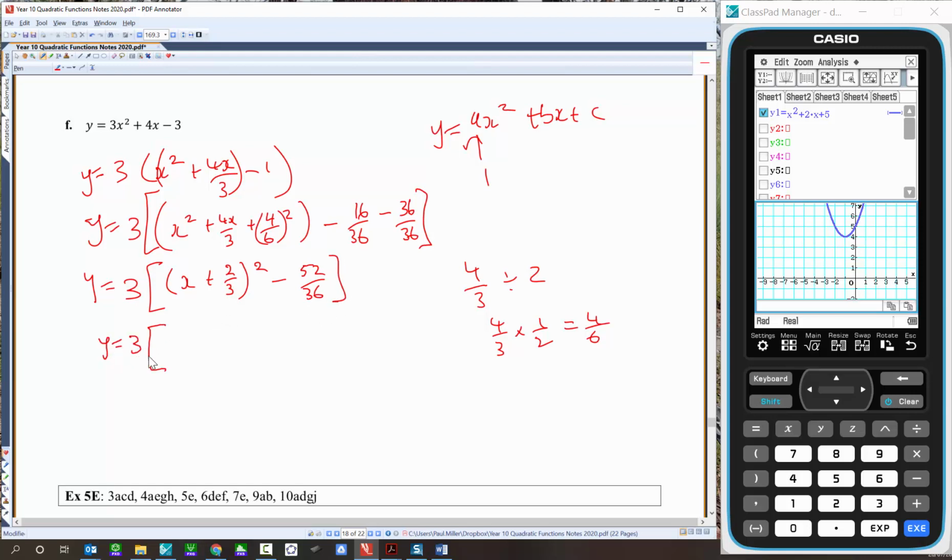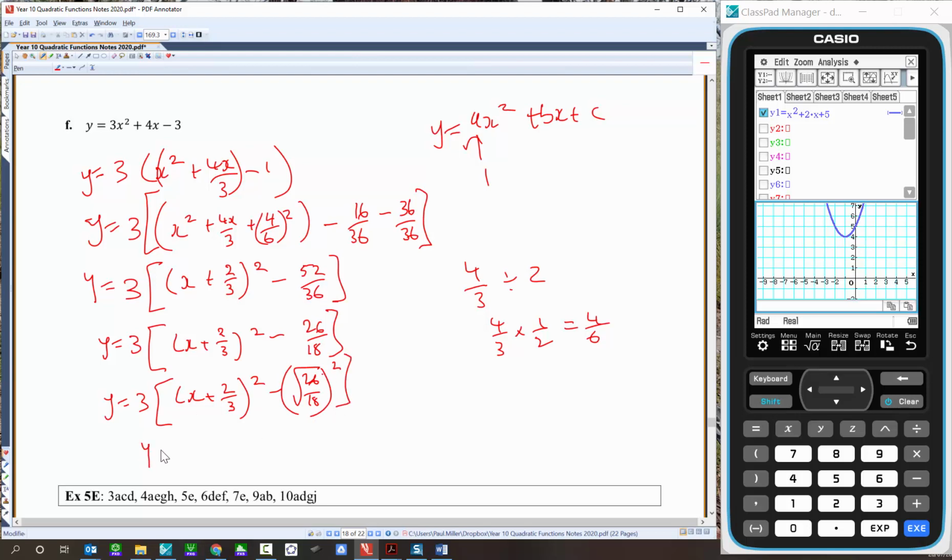y equals 3. What's that? 26 on 18. Yep, that'll do. y equals 3. What I'm going to do is take 26 on 18, square root it and square it.